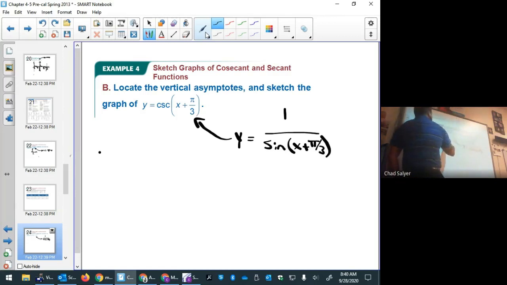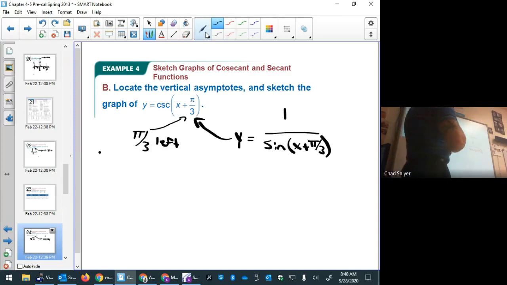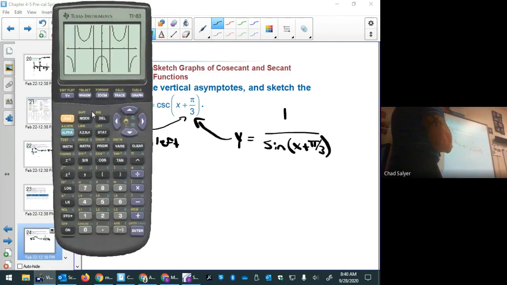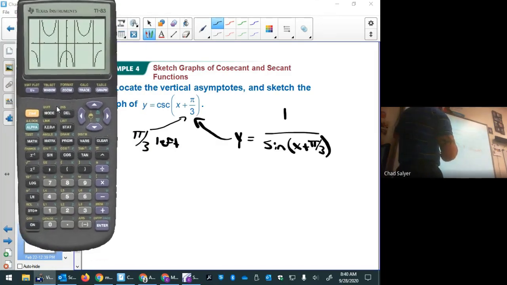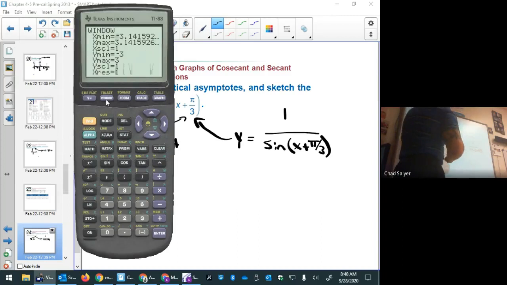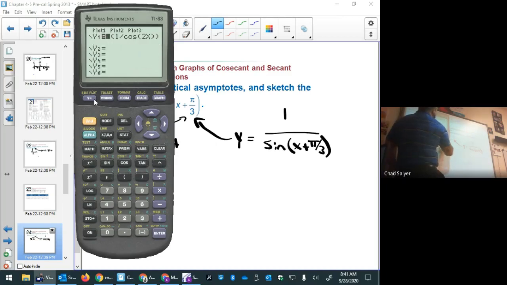Yeah, the only thing taking place here is we've got pi over 3 leftward, but that's not an amount that's on the unit circle, so it's just going to be weird. It's going to make the graph look weird too. Period is the same. The period's unchanged. So we want to go from negative 2 pi, and we want to change this to be 1 divided by the sine of x plus pi divided by 3.